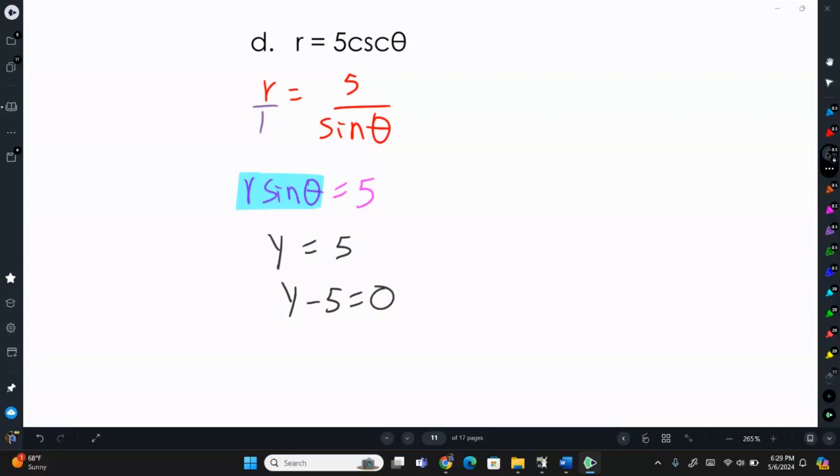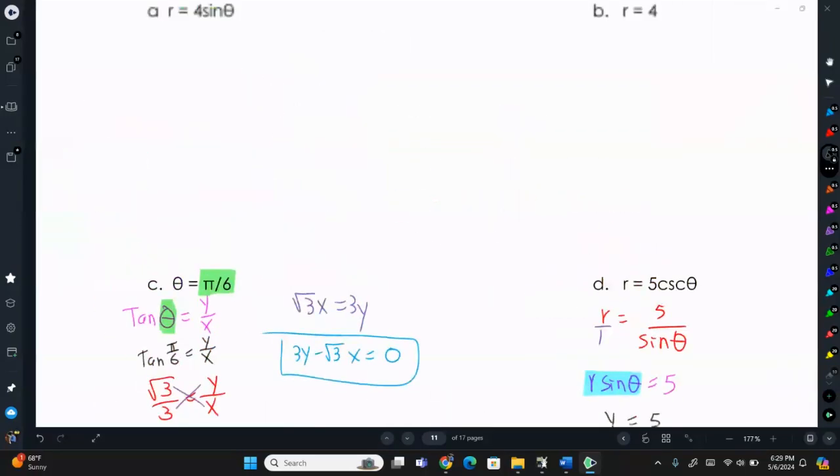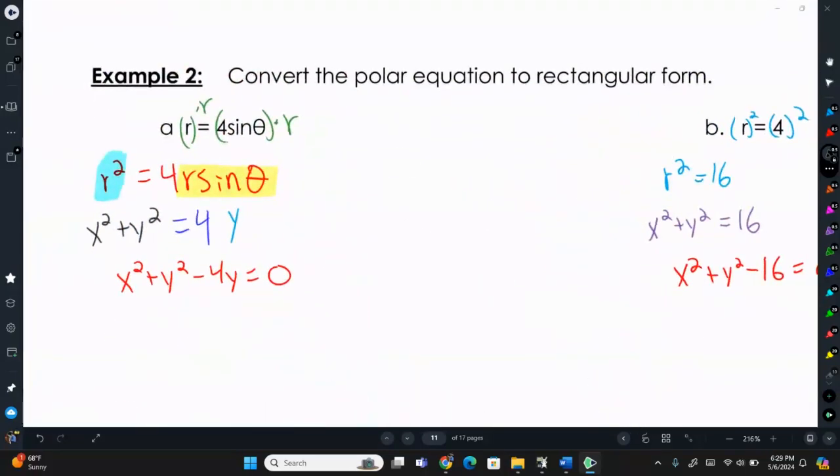So the hardest part about these problems is coming up with a strategy on how you can eliminate your trig functions or the r values. The first one we did, we multiply both sides by r because we know that if we have r squared, that changes to x squared plus y squared, and if we have r sine, that changes to y. So that's why we approached it that way by multiplying both sides by r.